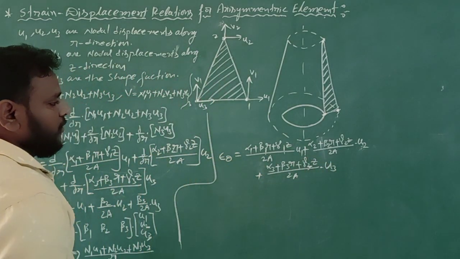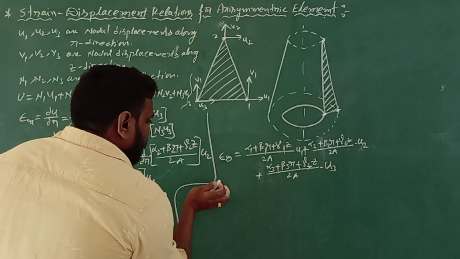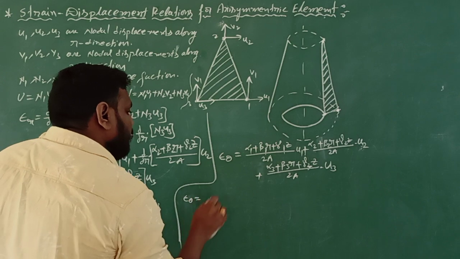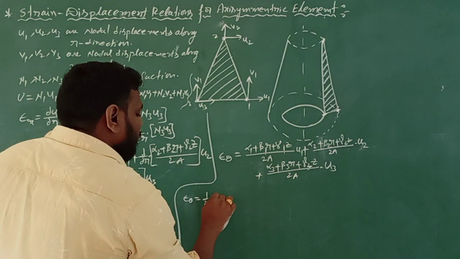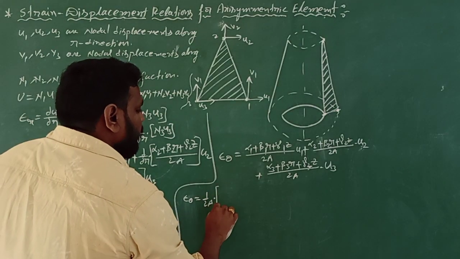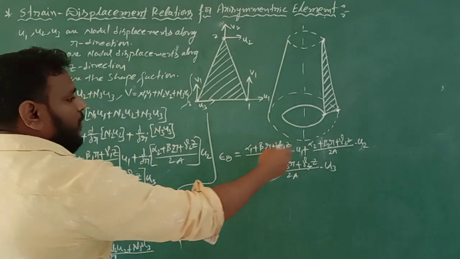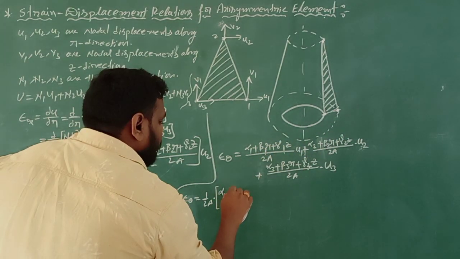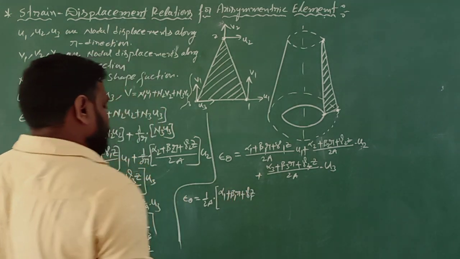This is the relation. So just write it in matrix form: epsilon theta is equal to 1 by 2a into the row alpha 1 plus beta 1 r plus gamma 1 z, and u1 u2 u3 I am writing separately.